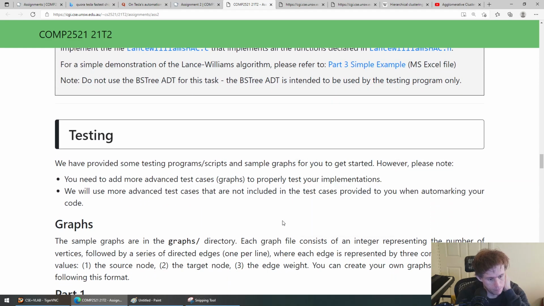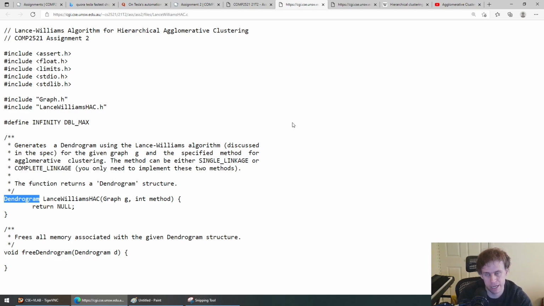Diorora says, would we make our own ADT for a cluster? I think I've answered that. I don't know if I'd say you need to make your own ADT for it. A cluster is just a concept used to generate the dendrogram. Someone has a graph, they ask for a dendrogram. Input, output.